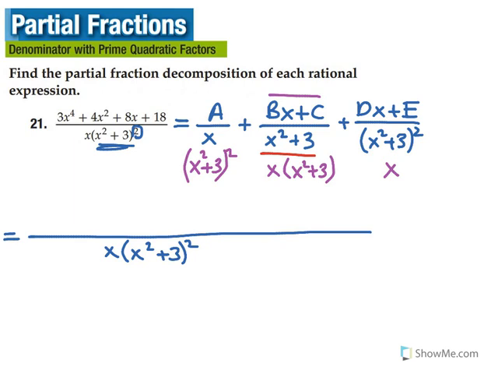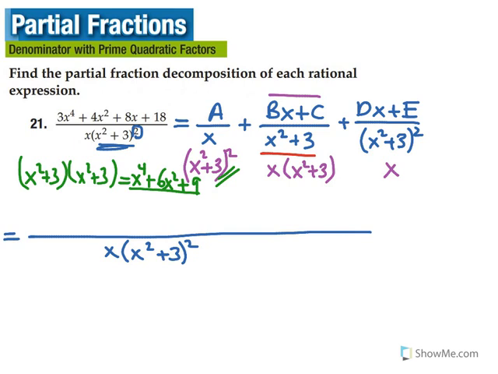Now let's start equating the denominators. Before that, I have to find what I should multiply with the numbers at the top. So this is nothing but x squared plus 3 times x squared plus 3, which will give me x to the 4 plus 6x squared plus 9 when I expand this expression.